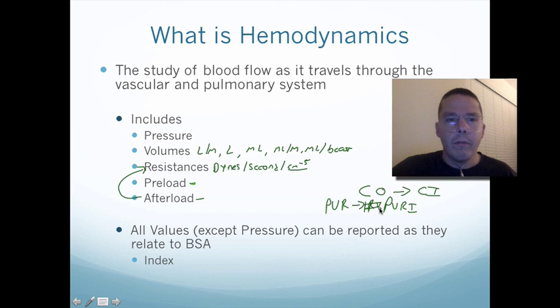Unfortunately, the normal values for the raw data, the values not compared to the patient size, are completely different than the index values. It's one of those things that you just have to get used to, more to remember. But the benefit of using an index is that it allows us to compare two different patients that are dramatically different sizes.